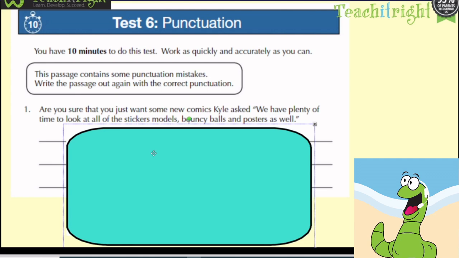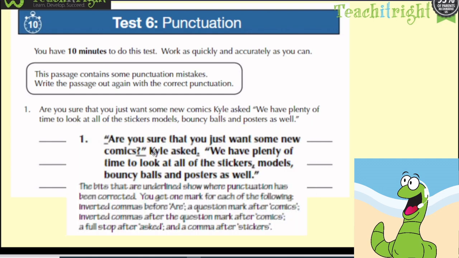Now, reading passages aloud like this can help you if you're not too sure what the mistakes were. If you read it to yourself, you might notice, because you may have heard when I was reading, I paused naturally at certain points. So the first thing we were missing was a set of inverted commas at the beginning of the speech.